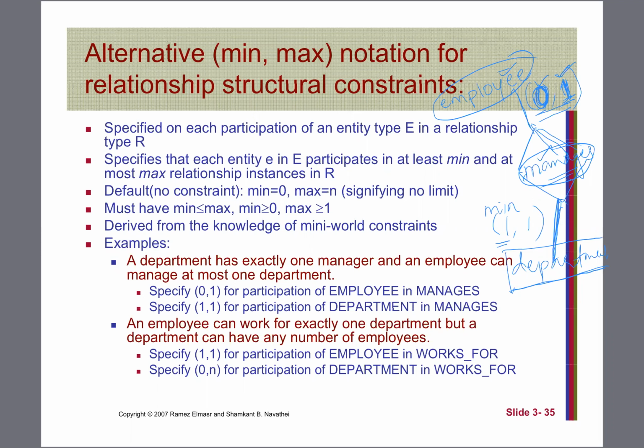And maximum what? Every department will have a maximum of 1 manager who is from the employee entity. So minimum also 1 and maximum also 1. That's explained exactly here. So it says 0 and 1 and 1 and 1. Okay. So this is the minimum and the maximum participation.